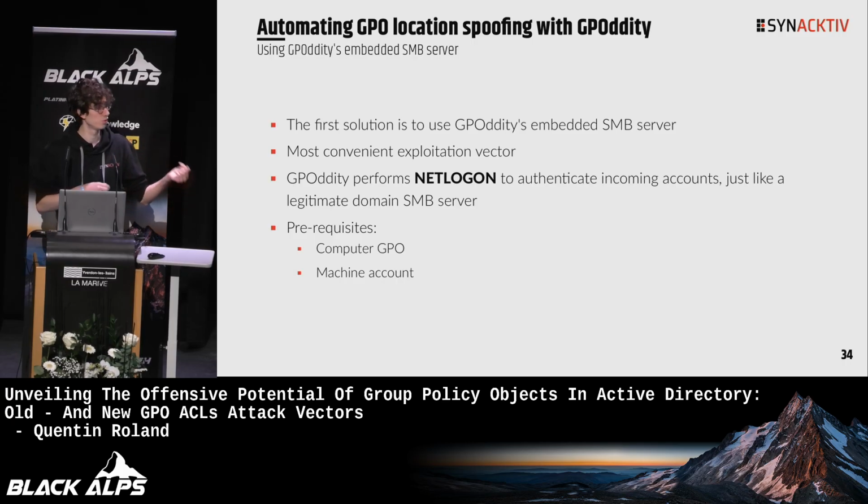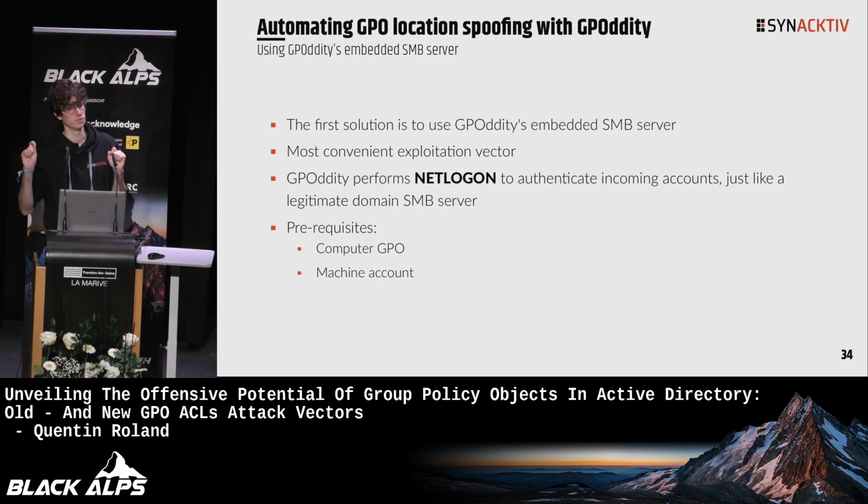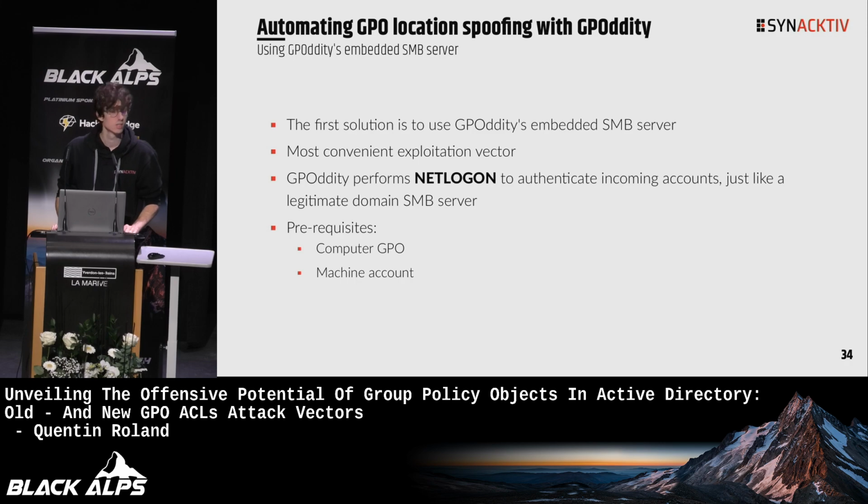So a client comes to you with some authentication data, and the server will ask the DC with the netlogon protocol, hey, can you verify this authentication data for me? The DC will verify it and return to you some signing key, for instance. So GPODT performs this, and it just serves the files to the clients.